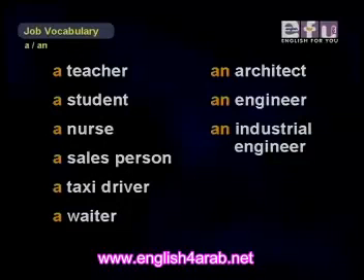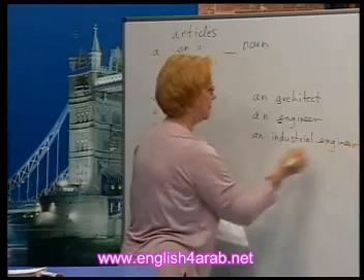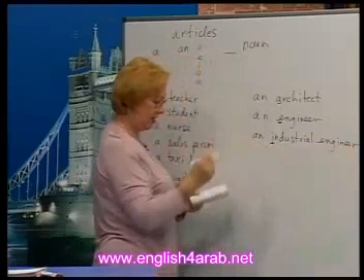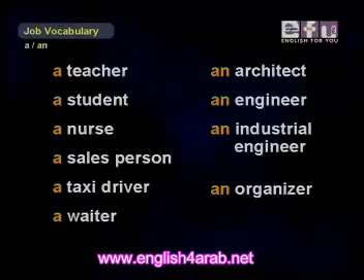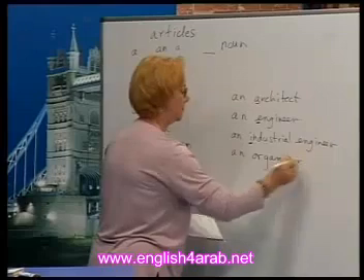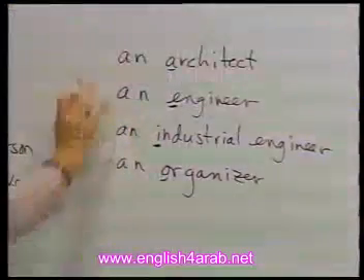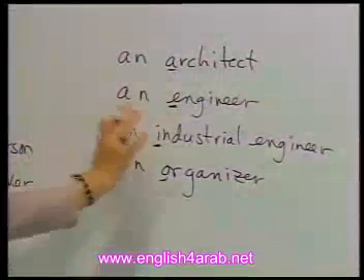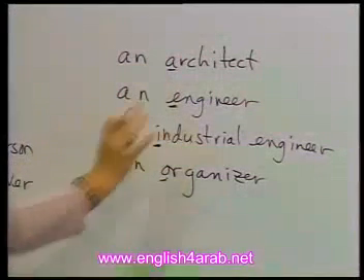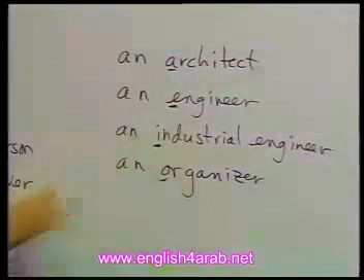An industrial engineer. And an organizer. Okay? A, e, i, o. So an architect, an engineer, an industrial engineer, an organizer.